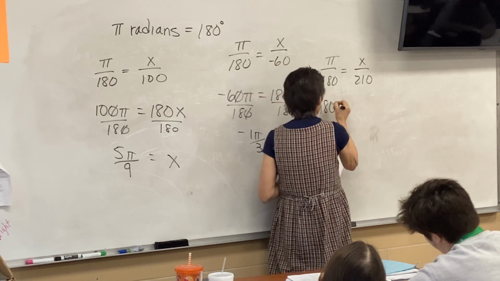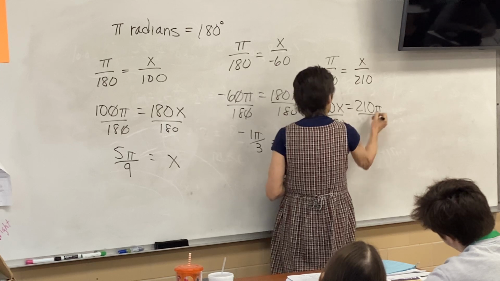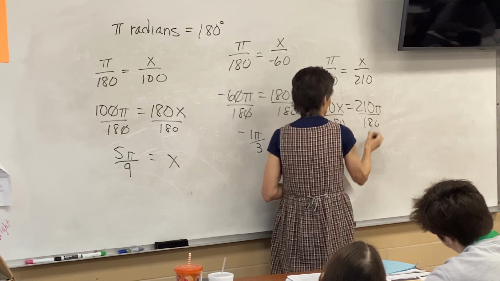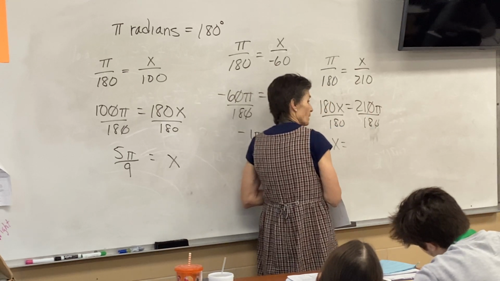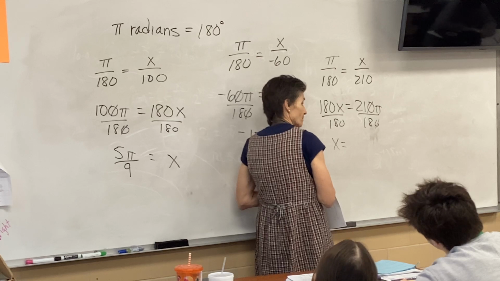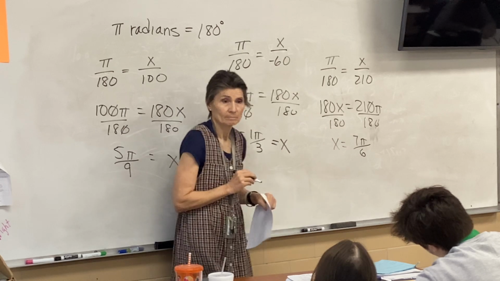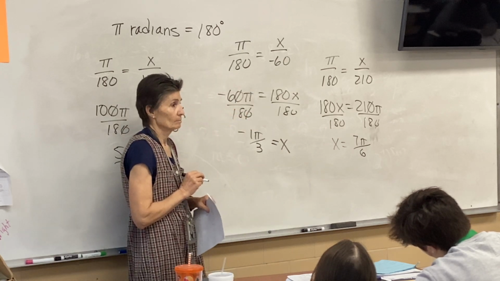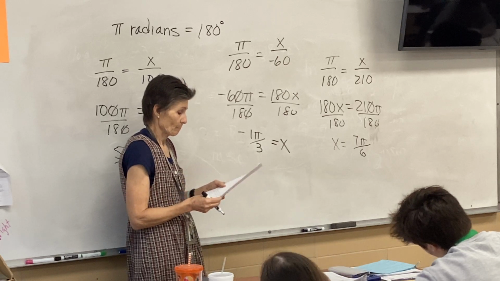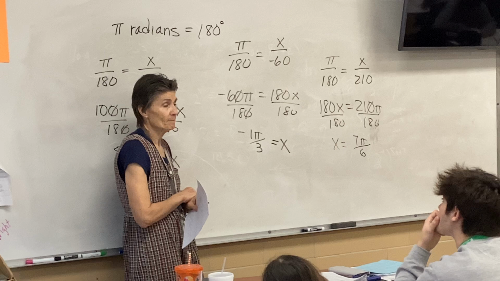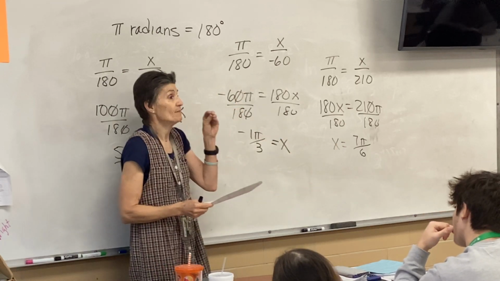So 180x equals 210 pi, and x equals 21 over 18, which is 7 over 6. Everybody okay with that? Now, you're going to love the next section, because it's even easier.